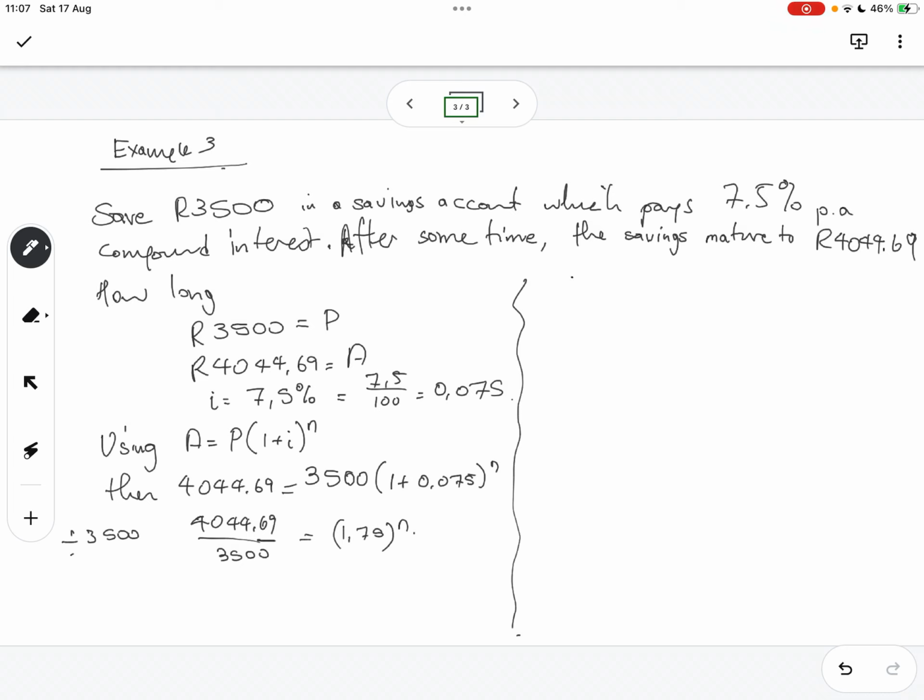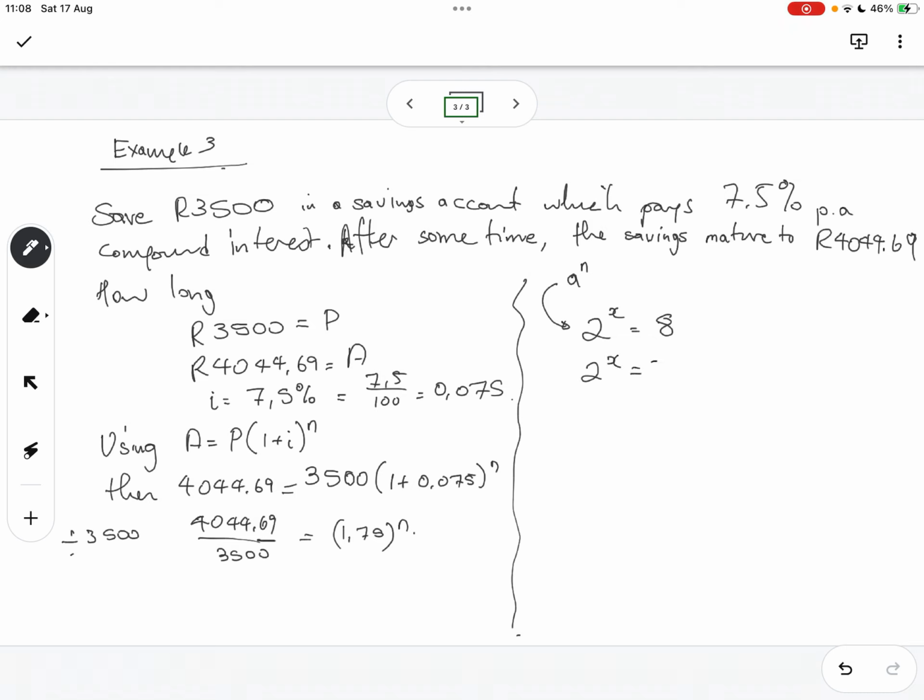Now I want you to remember something. You remember in exponents, we will have a number to the power n, right? Let's say we are using numbers, we would have 2 to the power x.